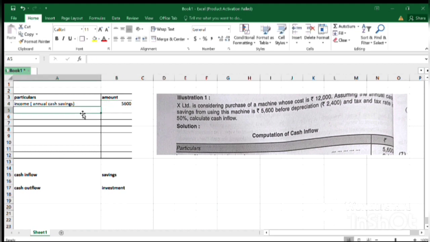Then we will less the depreciation. One thing to be clear here is that in inflow sums, the sums which are of cash inflows, we have to first deduct the depreciation and then we have to add it back.